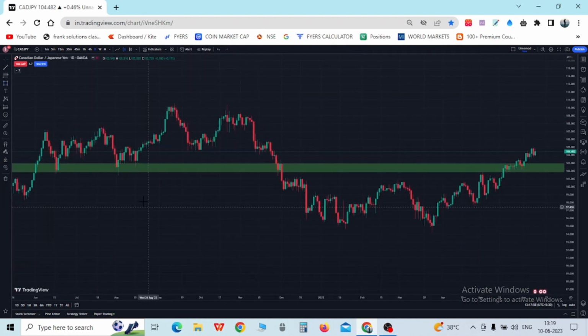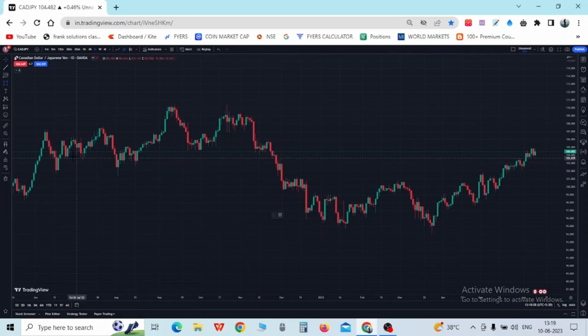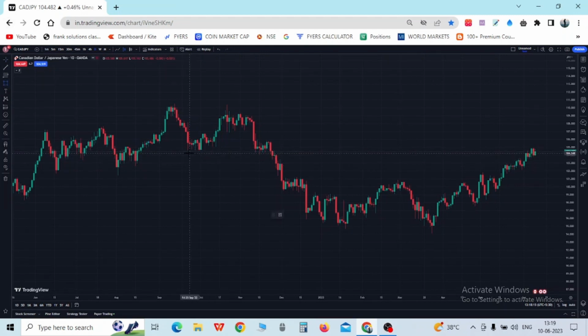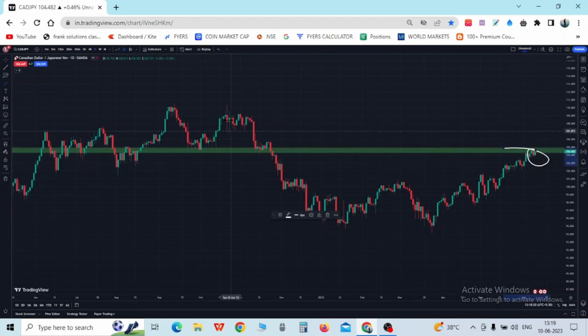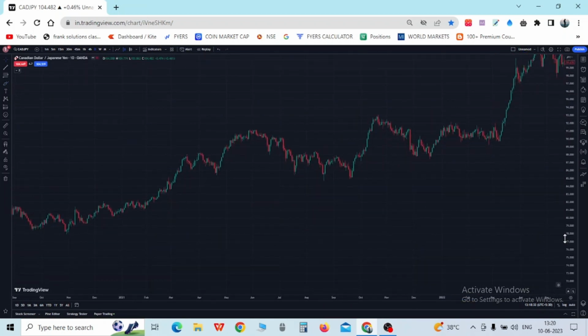If you consider this as a breaker, this breaker was tested here. This breaker is like an SRF, there should be an SRF. If you consider this as a breaker, here is an SRF: it was a support, resistance flip, same, resistance, support flip, RSF, same thing again.